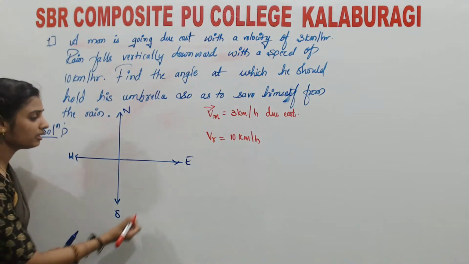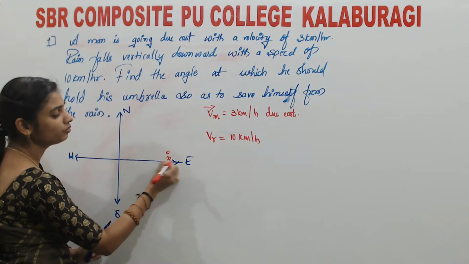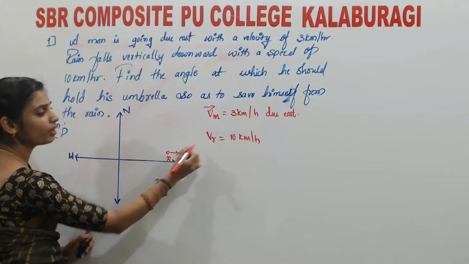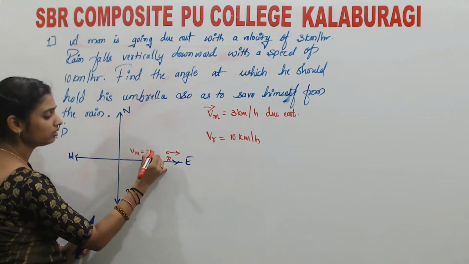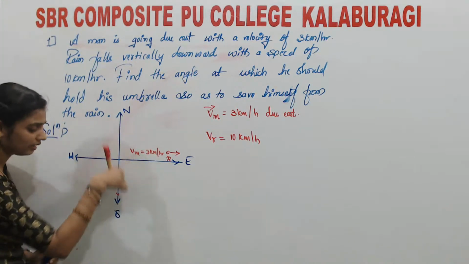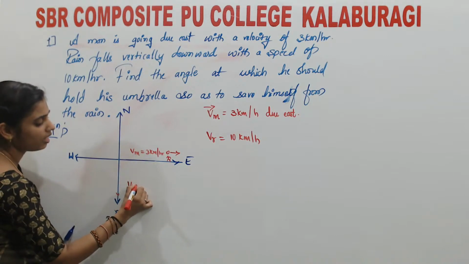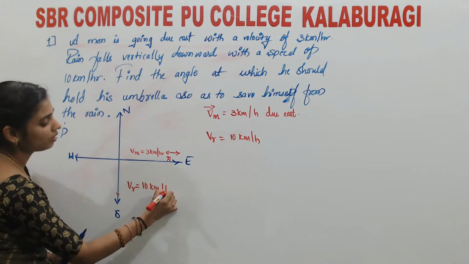Let me take here where the man is moving due east, and the velocity of man is Vm equals 3 km per hour. The rain is falling vertically downward with a velocity of Vr equals 10 km per hour.